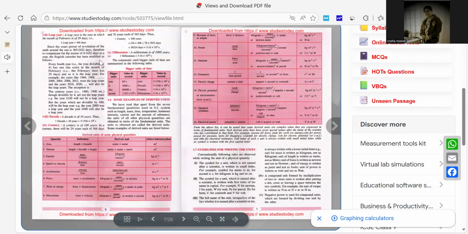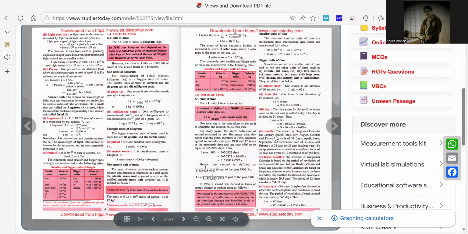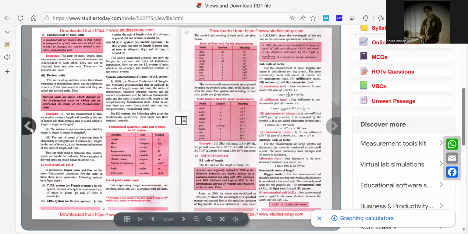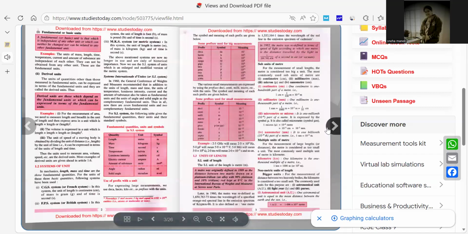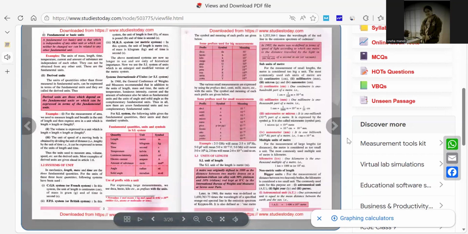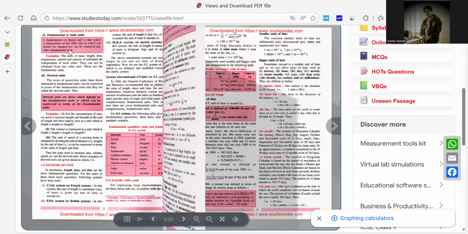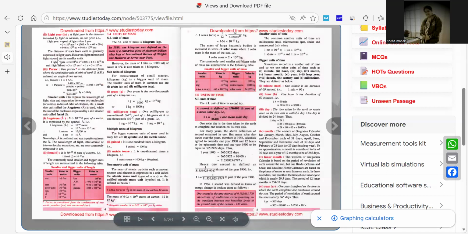It's obviously the unit of distance, so it has to be in the unit of length. Unit of meter, bigger units, astronomical unit. Light year is here.